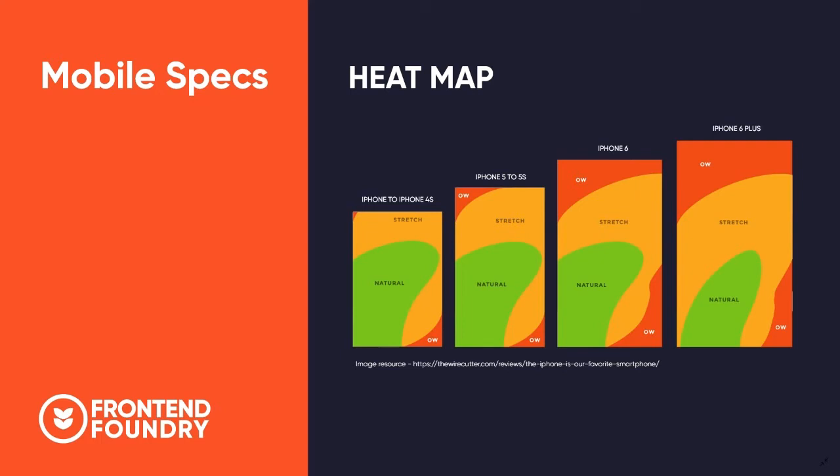When we see the orange color, it means that we have to make an effort to press this area, and the red color area shows that this is quite hard for a user to press.